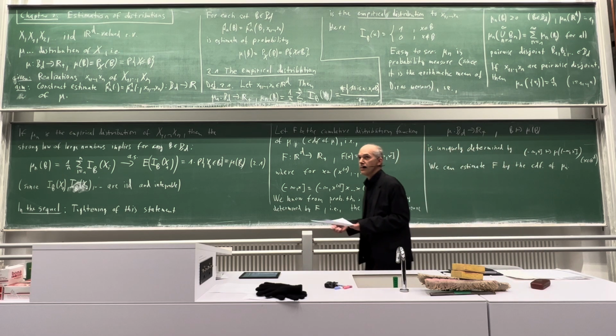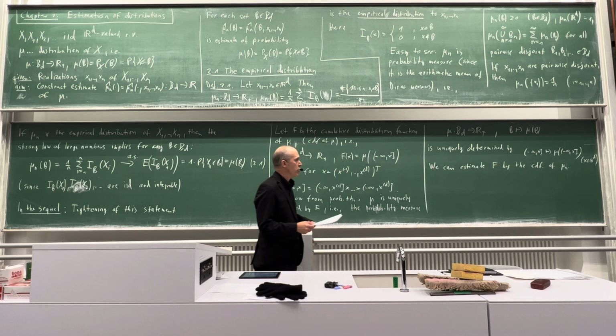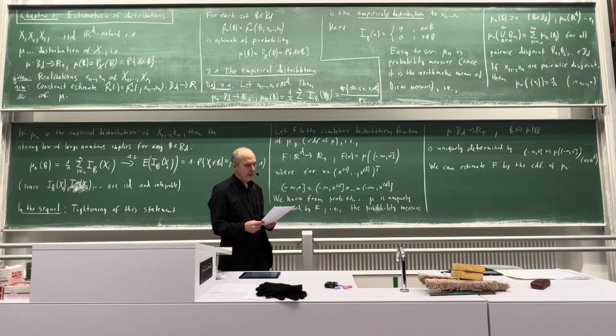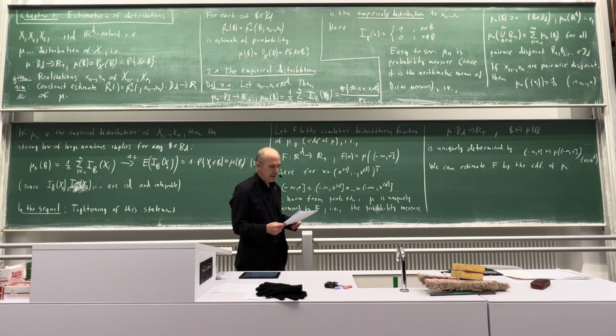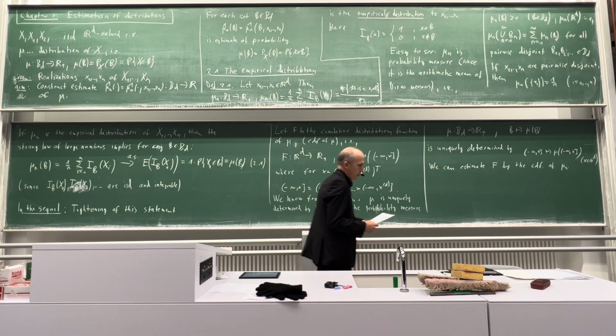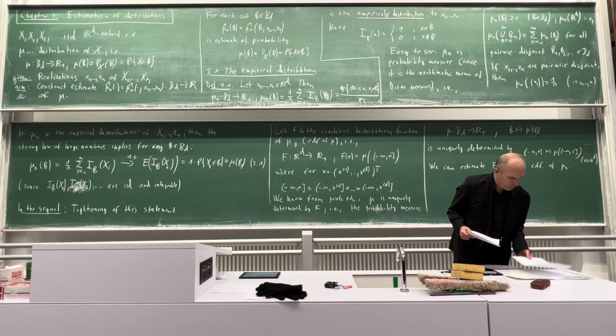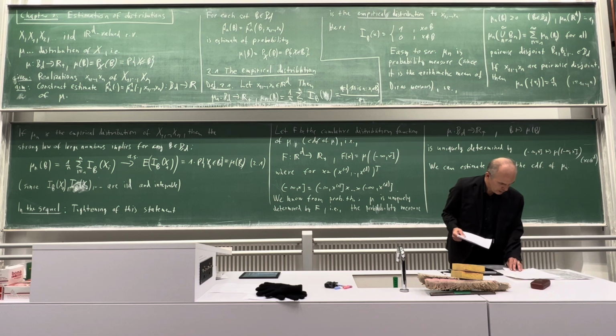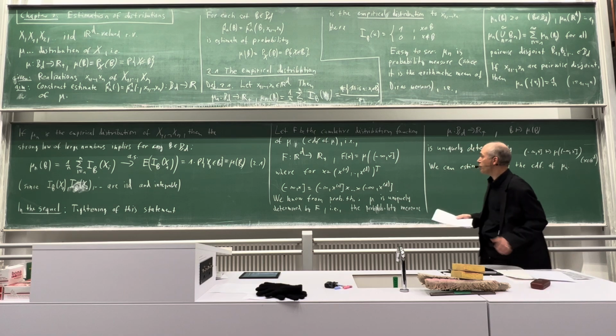And this CDF of mu n has a special name. It's the empirical cumulative distribution function of x1 to xn.